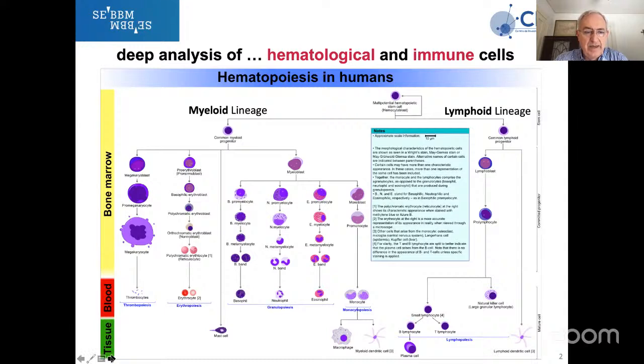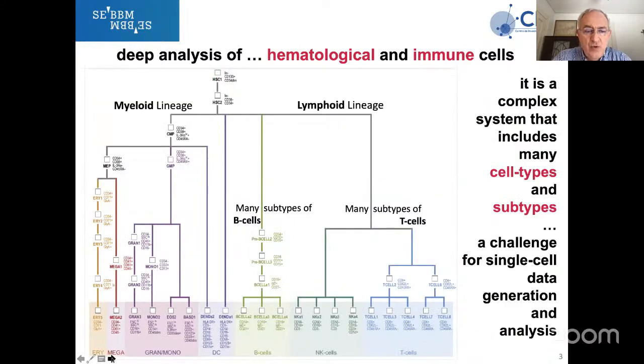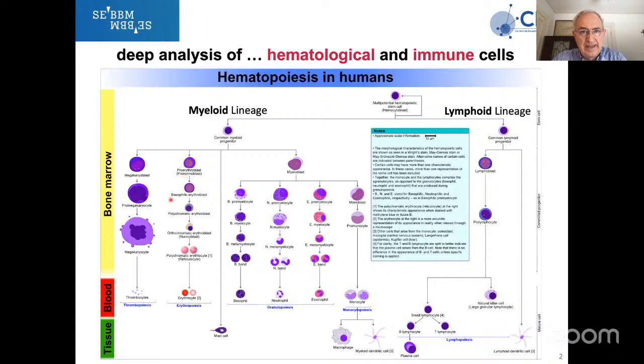And our interest was, can I pass? Yes. Our interest was to see if we can find specific markers when we analyze single cell data generated from peripheral blood or bone marrow mononuclear cells, that are mainly the cells in this hematopoietic system that are not the erythrocytes, all the ones that have one nucleus.